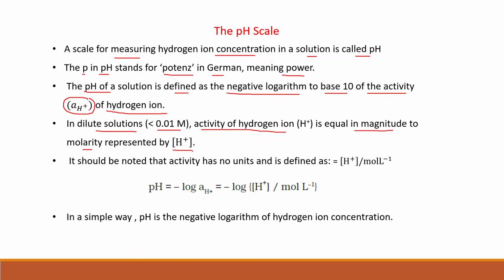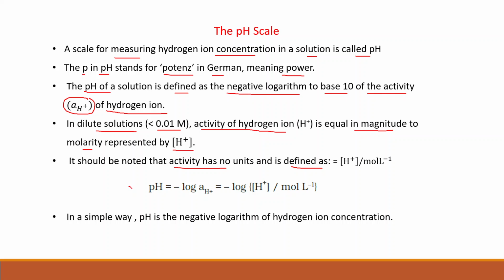It should be noted that activity has no units and is defined as concentration of hydrogen ion, that is molarity of hydrogen ion per mole per liter. So in this way activity has no unit.